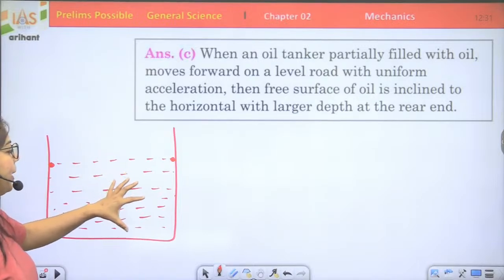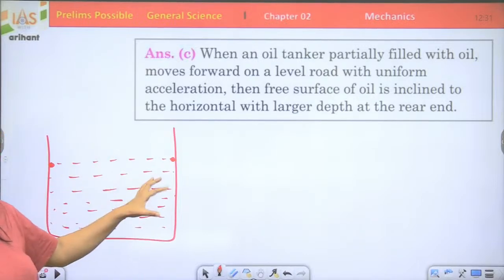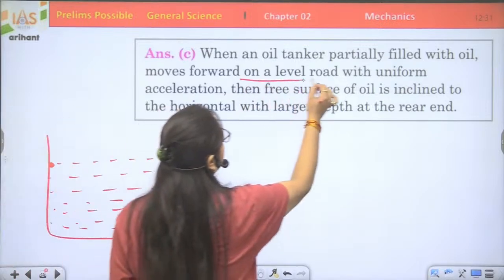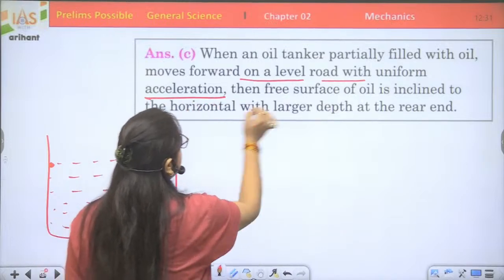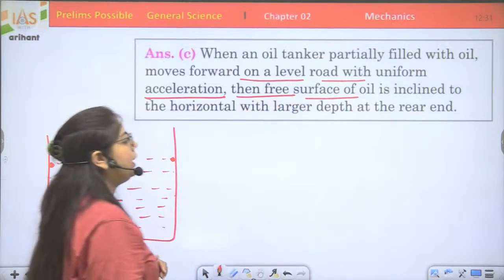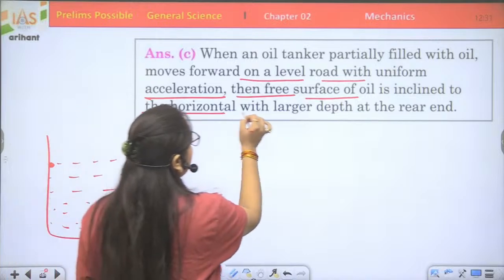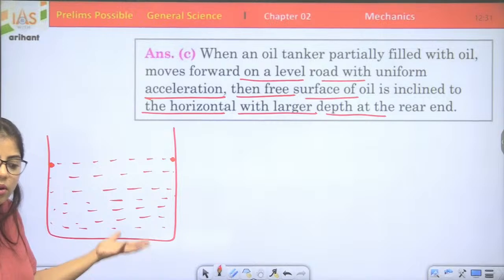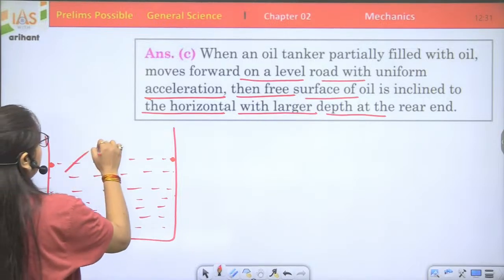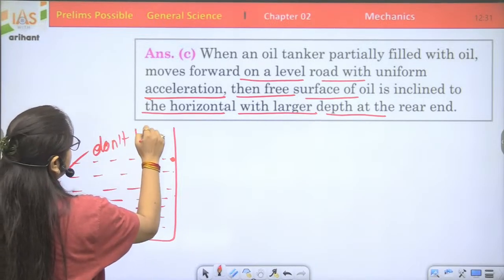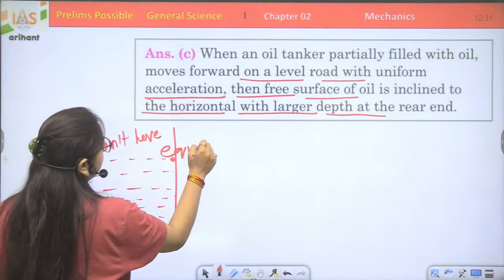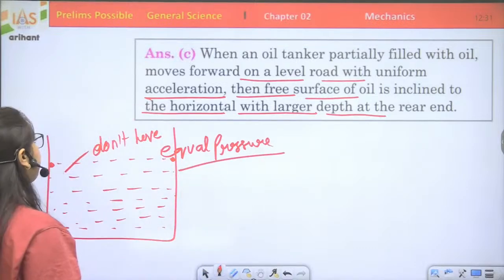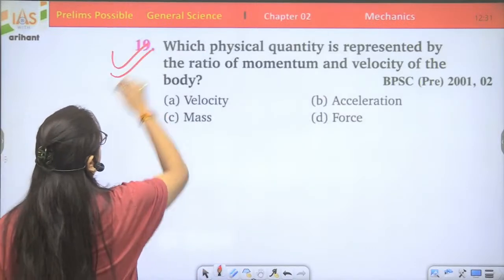So when an oil tanker partially filled with oil moves forward on a level road with uniform acceleration, the free surface of oil is inclined to the horizontal with larger depth at the rear end, because the points do not have equal pressure, right?